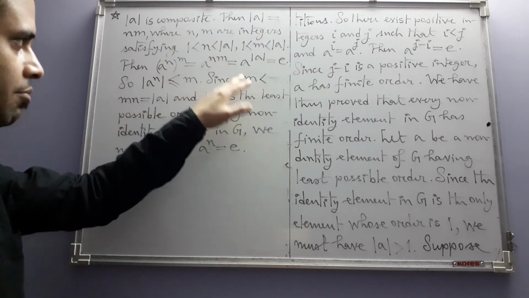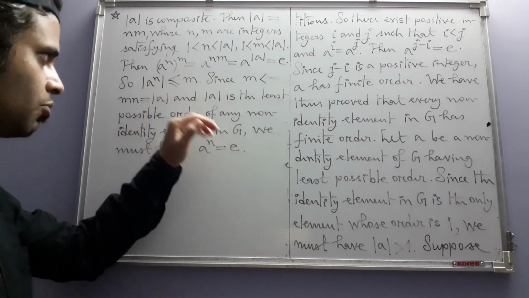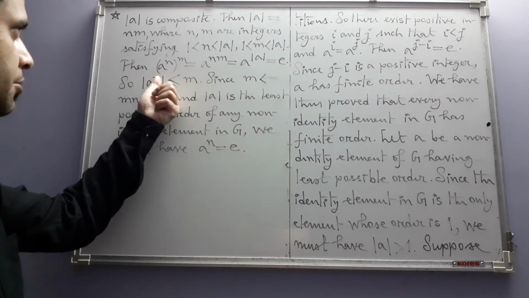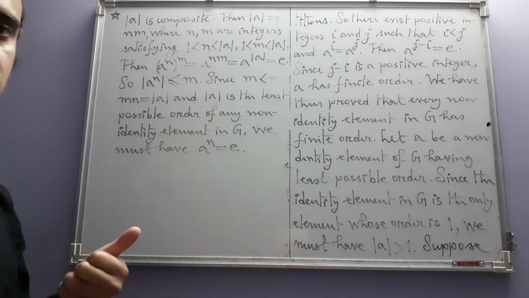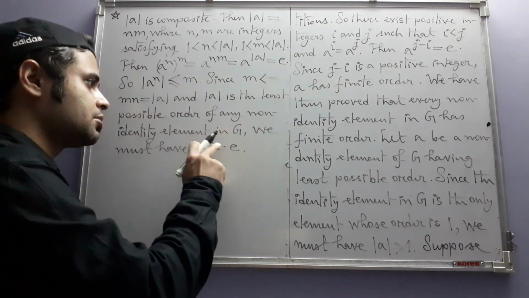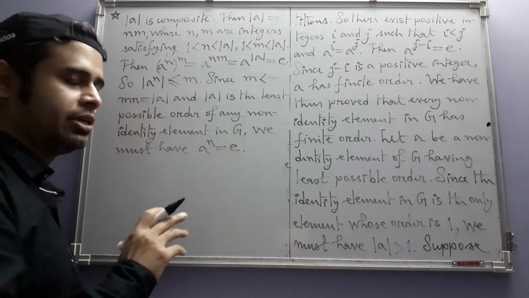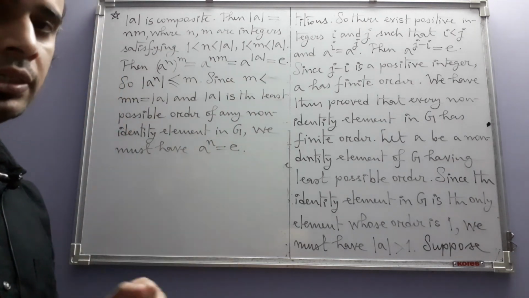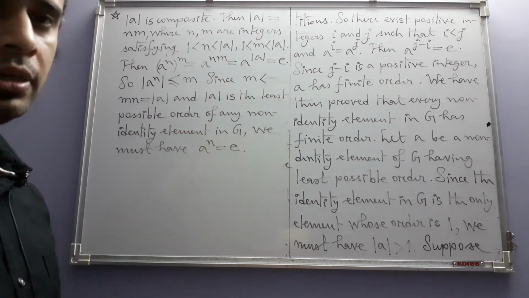So m becomes less than the smallest possible order, and this equation is saying that the order of a to the power n has to be less than or equal to m. Now, smallest possible order of a non-identity element in G. So that means a to the power n cannot be a non-identity element. It has to be the identity element.